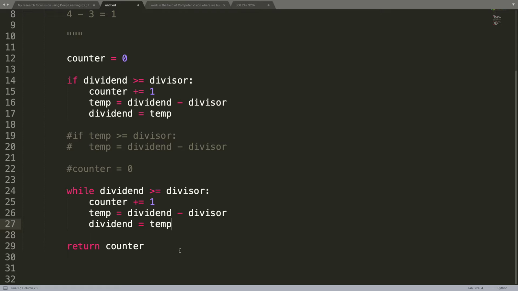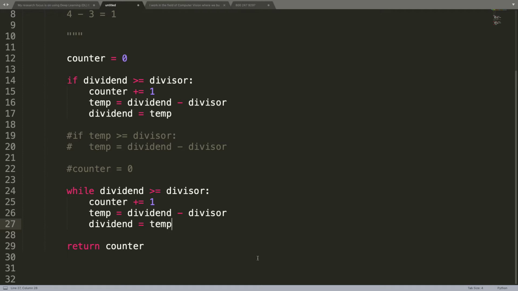So let's walk through the second example, which is 7. Dividends is 7, divisor is minus 3. Let's see how that works. So counter is 0, then it becomes 7 greater than or equals to minus 3.